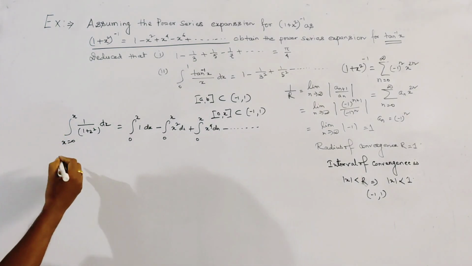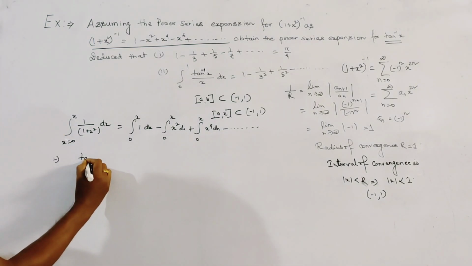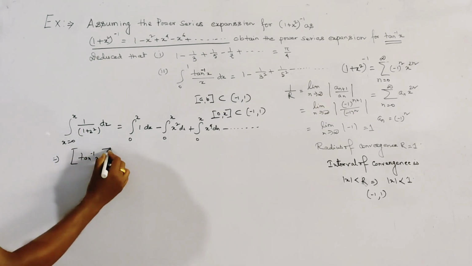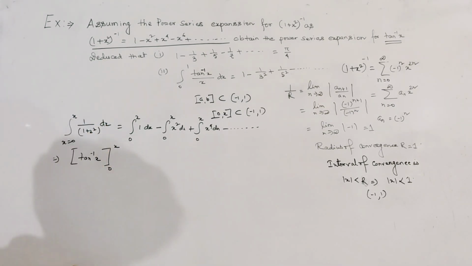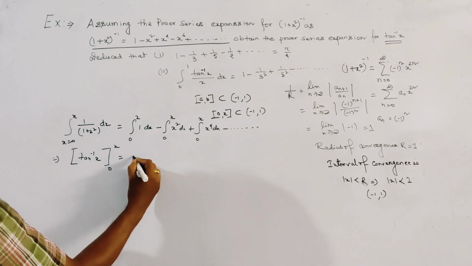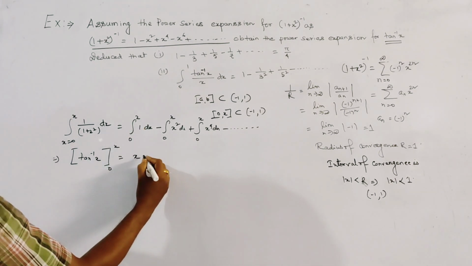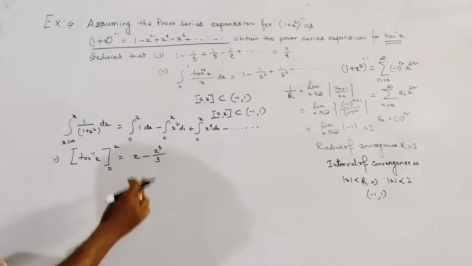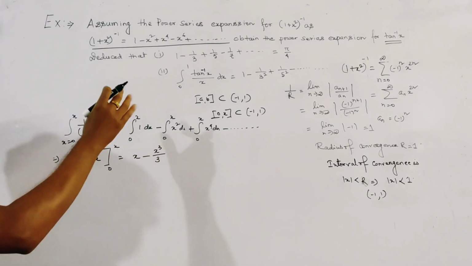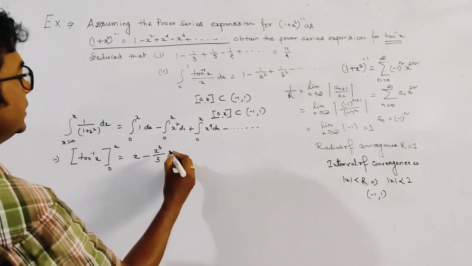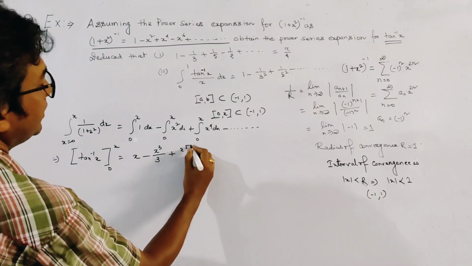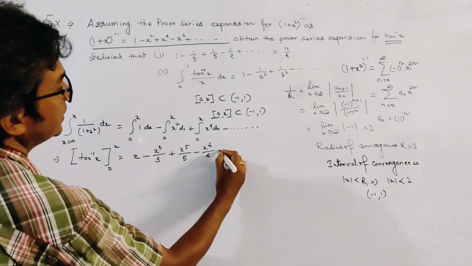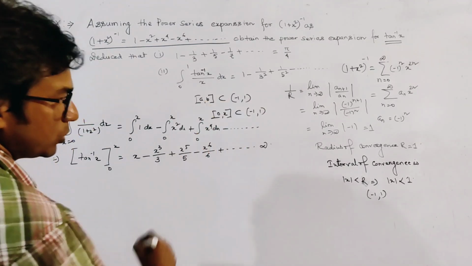Now integrating, we get tan inverse x, by the formula of integration, with the range 0 to x. On the right side, the first term is x, and the second term is x cube by 3, putting the limits of integration, plus x to the power 5 by 5 minus x to the power 7 by 7 and so on.